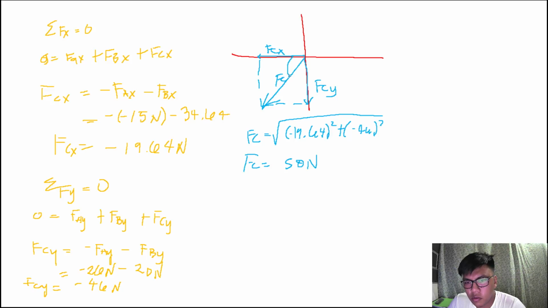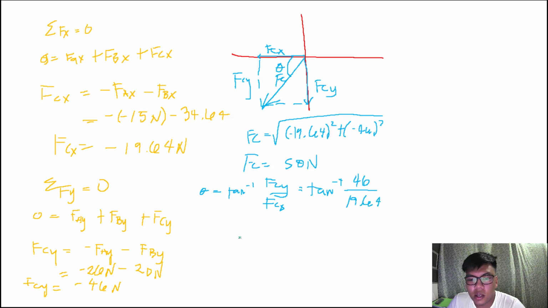So since ito lang din yung kukunin nating angle, ito lang makukuha natin sa una, di ba? So we have F sub CY. Okay, angle theta is equal to inverse tangent of F sub CY over F sub CX. So that will be equal to inverse tangent, F sub CY is 46 Newton, 19.64 para kay F sub CX.